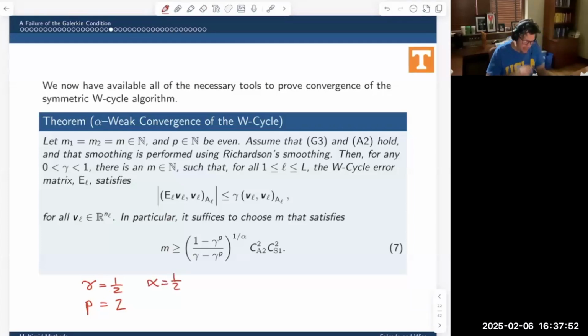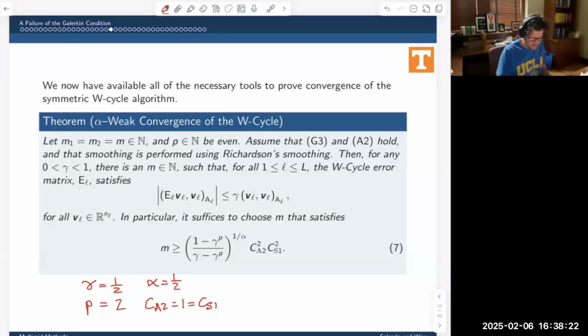Okay. How many smoothing iterations am I going to have to take to achieve convergence? Well, I don't know how big these constants are. Let's assume that those guys are equal to 1 in both cases. So let's say C_A2 equals 1, C_S1 equals 1. Let's suppose I really could achieve that. That's probably not possible, but okay.